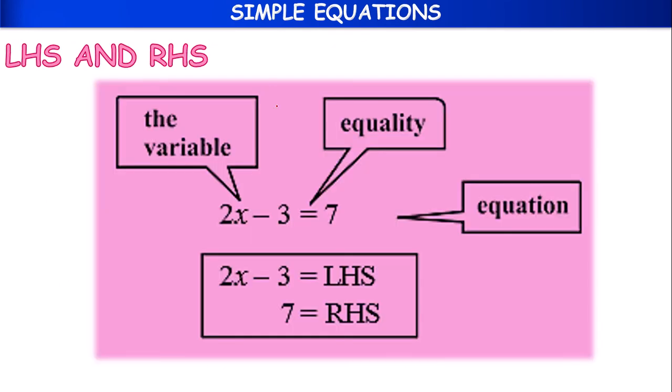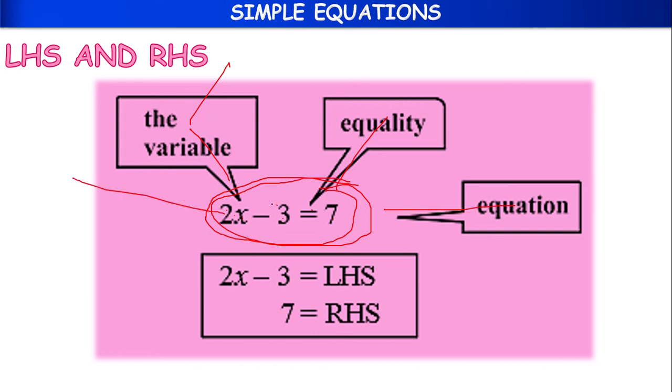Next one. So if this is the equation, 2x minus 3 equal to 7, this x is called variable, this is equality, this total part is considered as an equation, this 2, 3, 7 are considered as constants, 2 also considered as coefficient of x term.